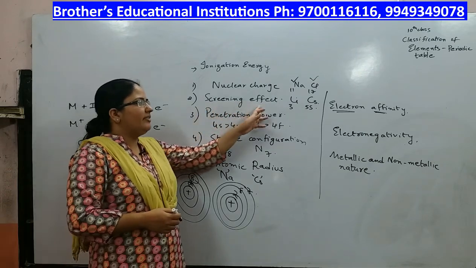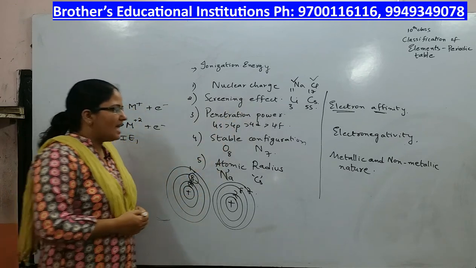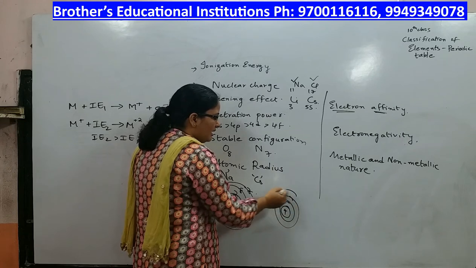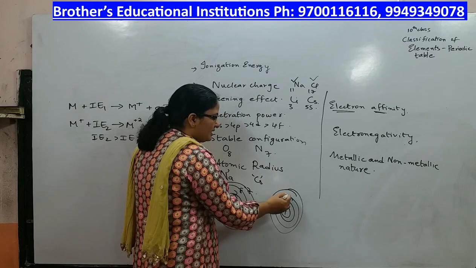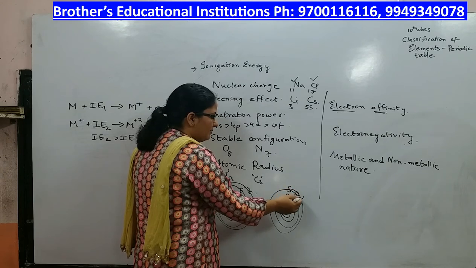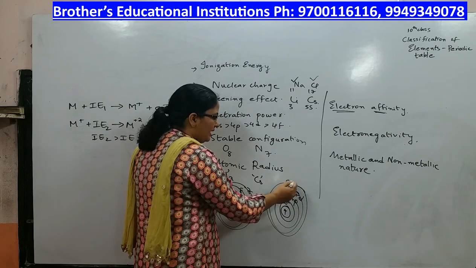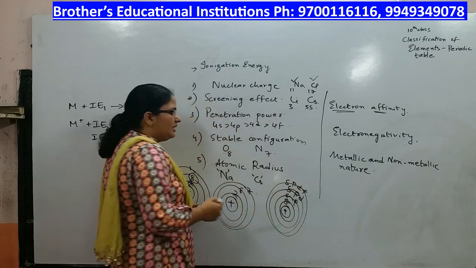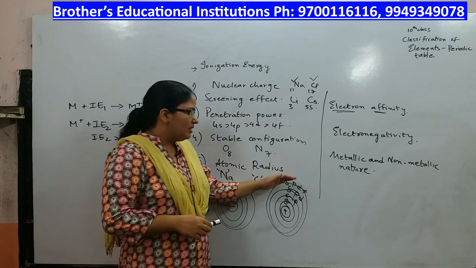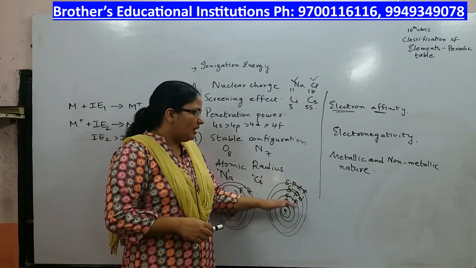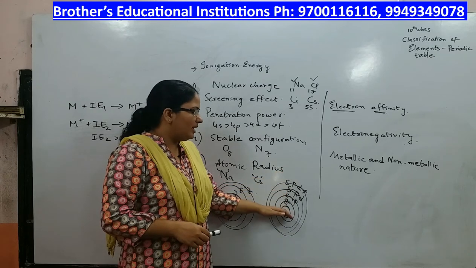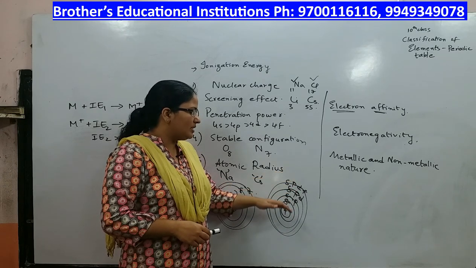Next is a screening effect or shielding effect. As the number of shells increases around the nucleus, they act as screens. The subshells s, sp, spd, spdf act as screens for the nuclear attraction over the outermost electron.